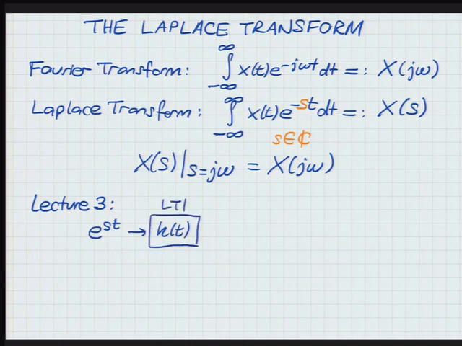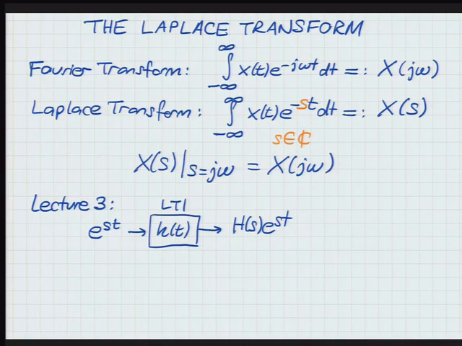What comes out is H of s, the scaling factor, times e to the st. So we said e to the st is like an eigenfunction, you could say, right? Because when you put that in, it comes out intact, just like eigenvectors, right? A matrix multiplying an eigenvector returns the same eigenvector without changing it, right? It just multiplies it by a factor, which is called the eigenvalue. Okay? So in that sense, e to the st is like an eigenfunction.